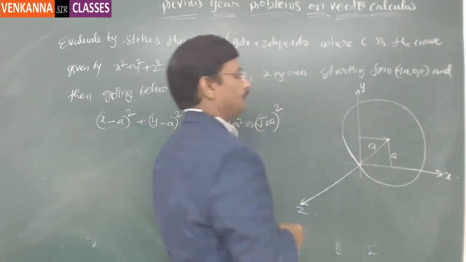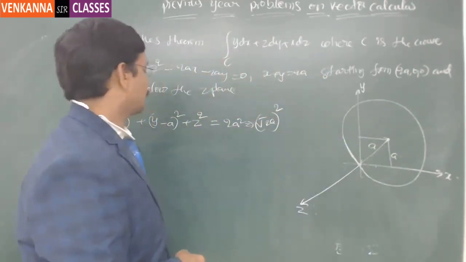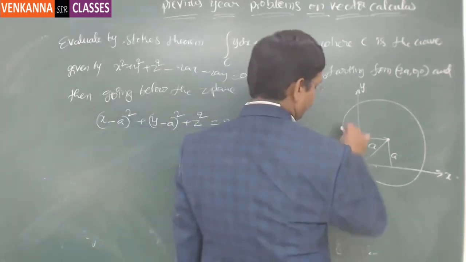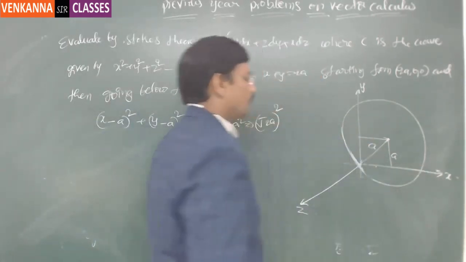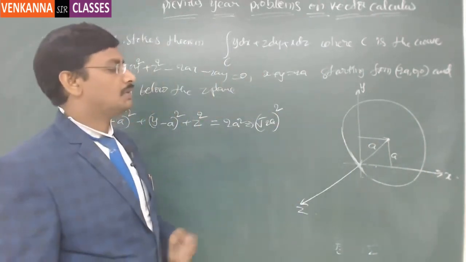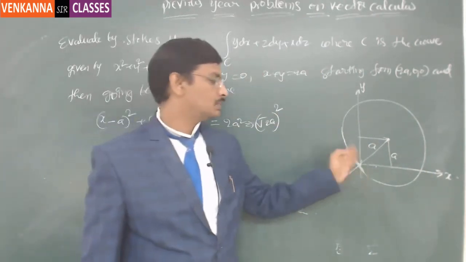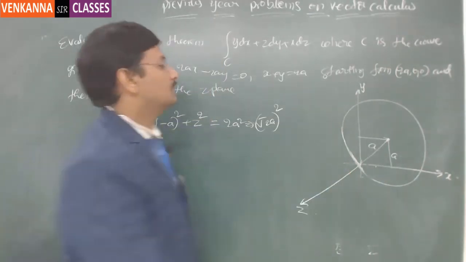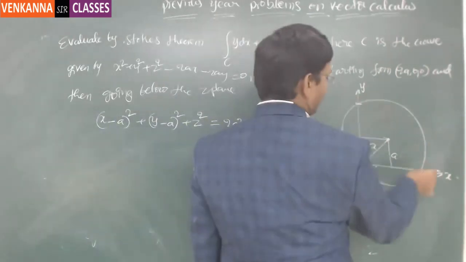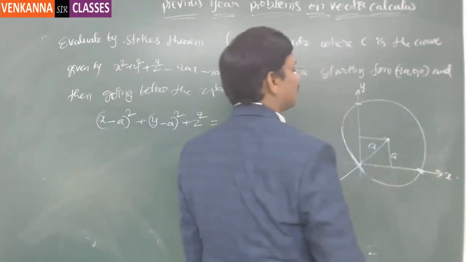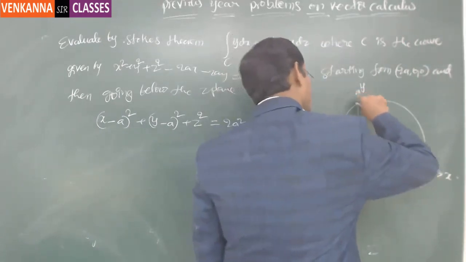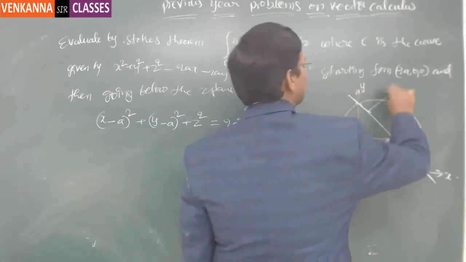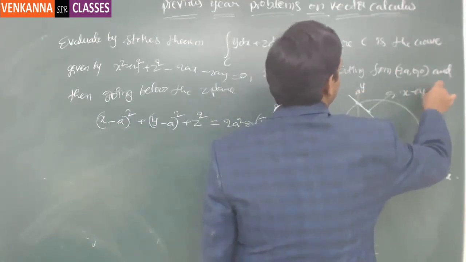Got it or not? So this is a spherical shape, and this is on the z plane. The z plane lies this way. This is intersecting at this particular point and this at this particular point. Now if you draw a line like this, this is the plane equation, given by x plus y is equal to 2a.